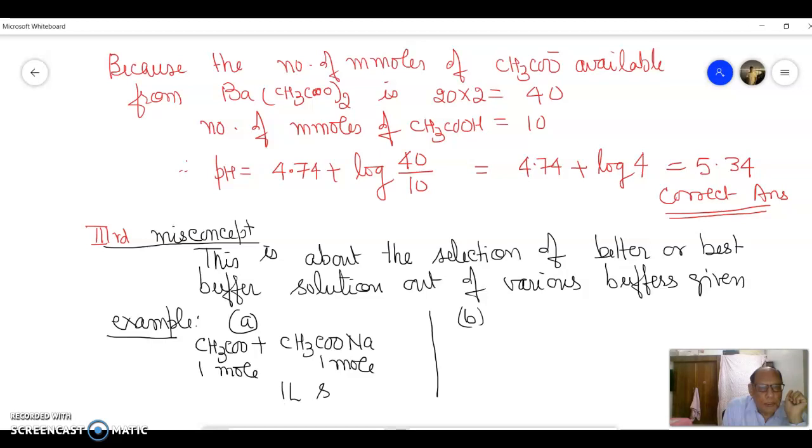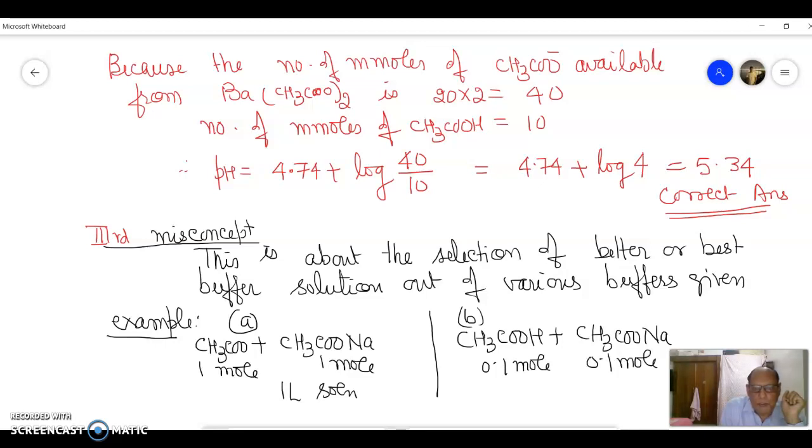Suppose we take 1 liter solution. And the second buffer solution is also prepared by mixing acetic acid with sodium acetate. But now we have taken 0.1 mole of acetic acid and 0.1 mole of sodium acetate.